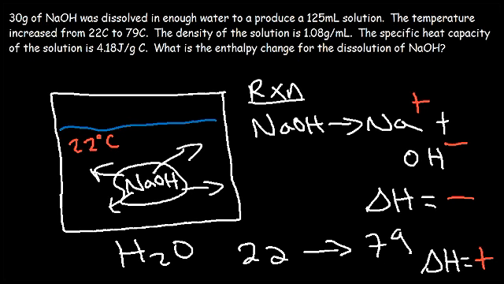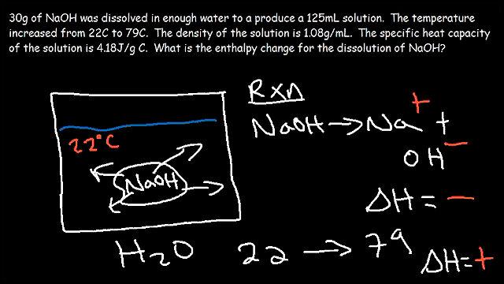So if you have a problem where a reaction is taking place within water, and the temperature of the water goes up, it's endothermic for the water, but the reaction that caused that event is exothermic because it's releasing energy to the water molecules.